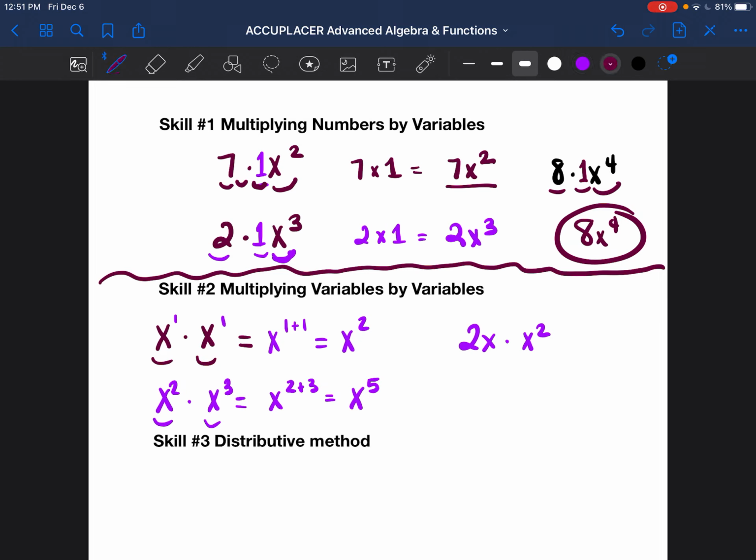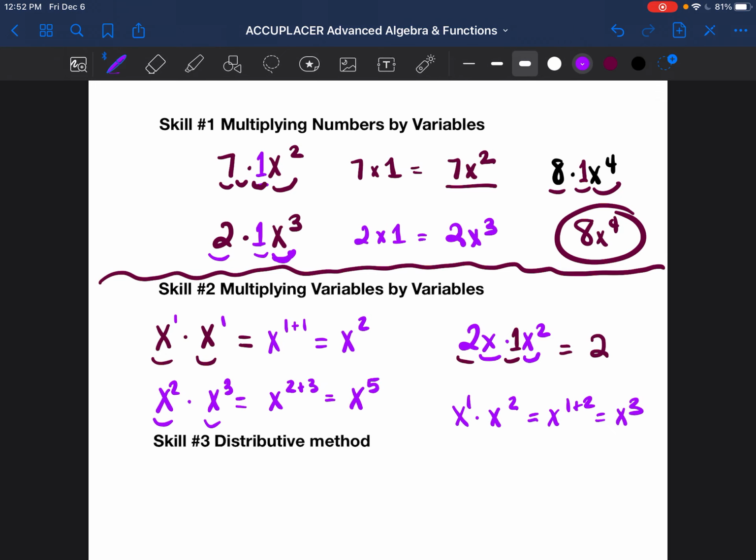I'm just going to combine skill number 1 with skill number 2. I'm going to go ahead and put my invisible 1 there. And then I'm going to go ahead and multiply the numbers. 2 times 1, which is 2. And then I'm going to multiply the variables. X times x squared. There's an invisible 1 on the top by the x. So you just add the exponents. X, 1 plus 2.